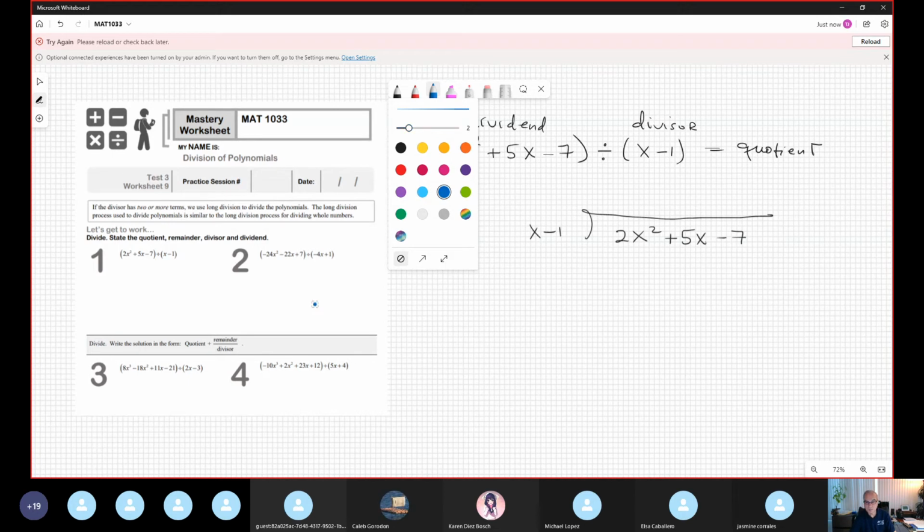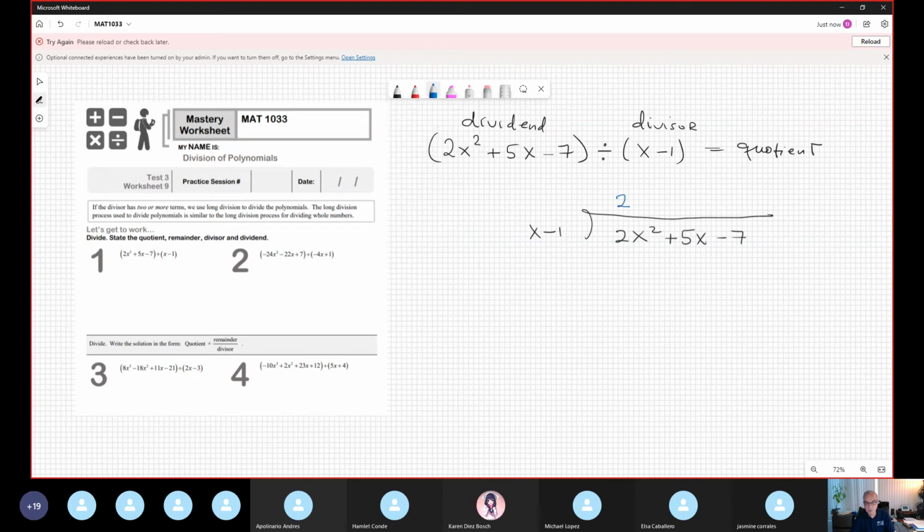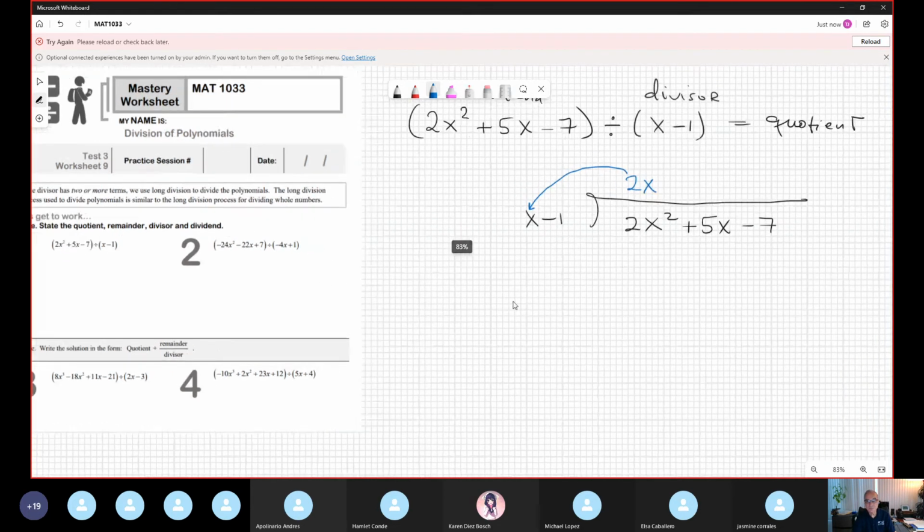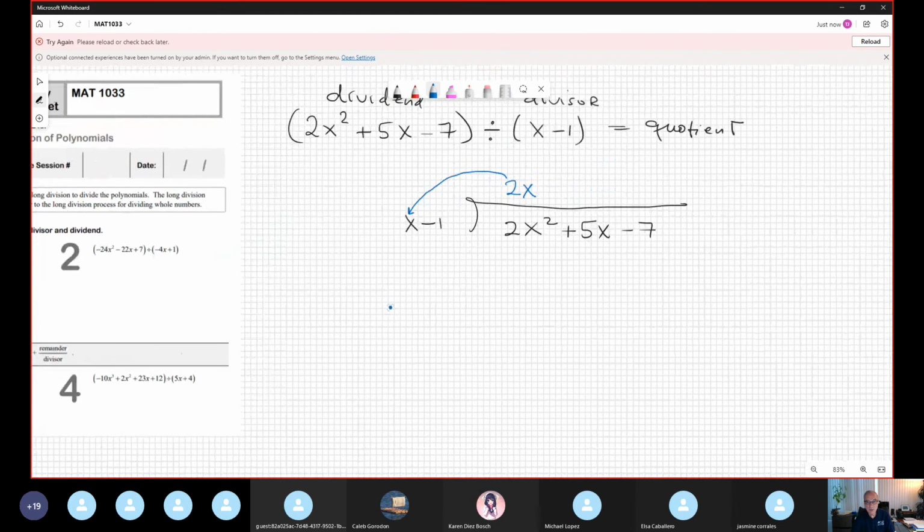I need to find one expression multiplied by the first one is 2x. How do you know it's 2x? Because 2x times x, mentally I try, is 2x squared. It's exactly what I need, identical, twin brother.